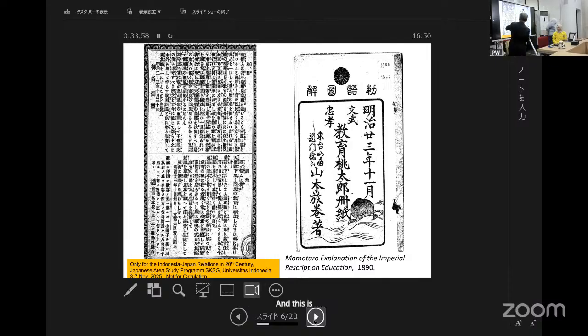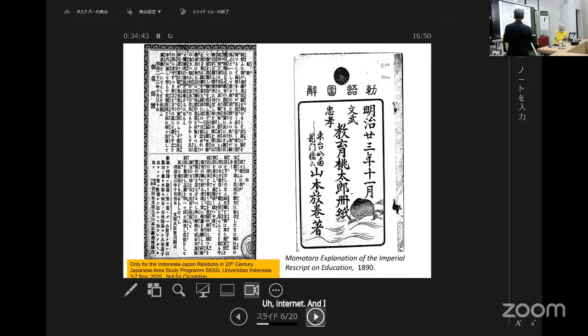And this is originally from the Meiji period, the Imperial Rescript on Education. Maybe there are some restrictions on these documents from overseas, but I will try. We can check via the internet.